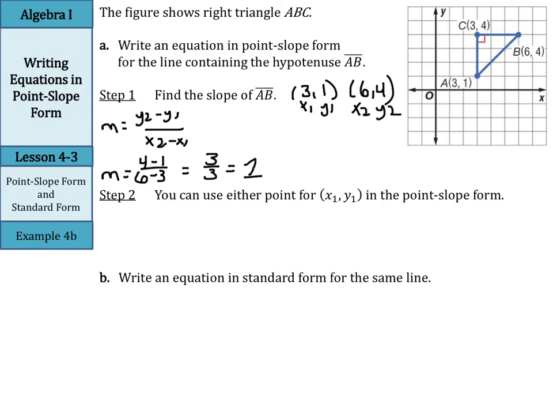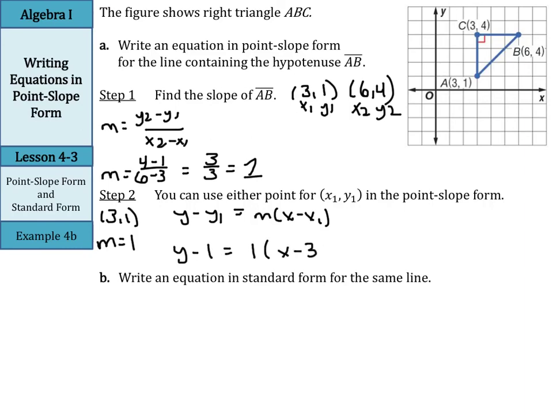Now we can use either point, x1, y1, in point slope form. So we could use either (3, 1) with a slope of 1. So our point slope form is y minus y1 equals m times x minus x1. And if we're using (3, 1), we would have y minus 1 equals 1 times x minus 3, which simplifies into y minus 1 equals just x minus 3.